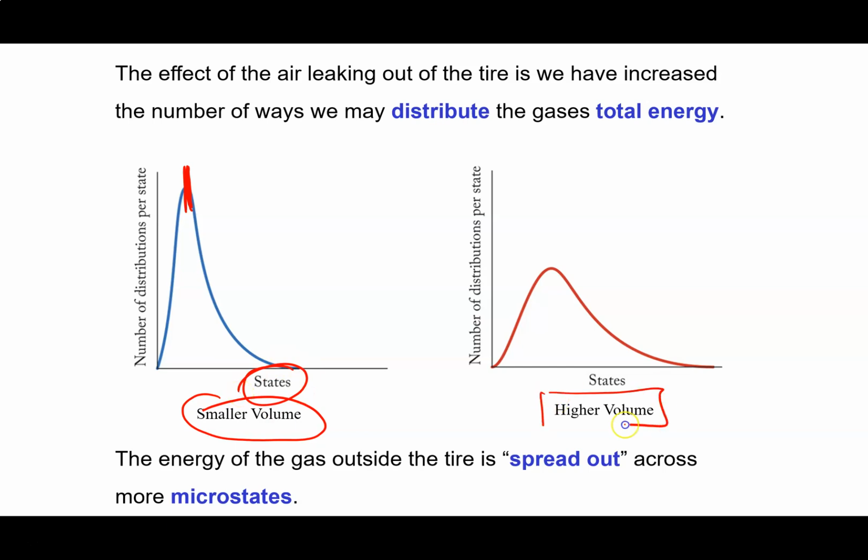Now, when we're in the higher volume, where the gas has the entire atmosphere that it can move in, then we have a larger number of states that are accessible. So what's really happened is that the energy of the gas outside the tire is spread out across more microstates. There are just more ways for the gas particles to spend their energy.